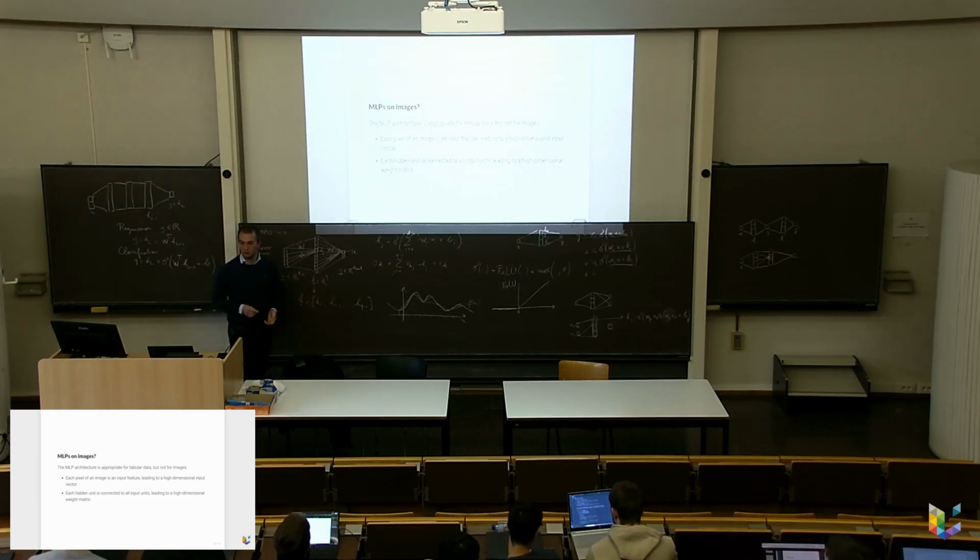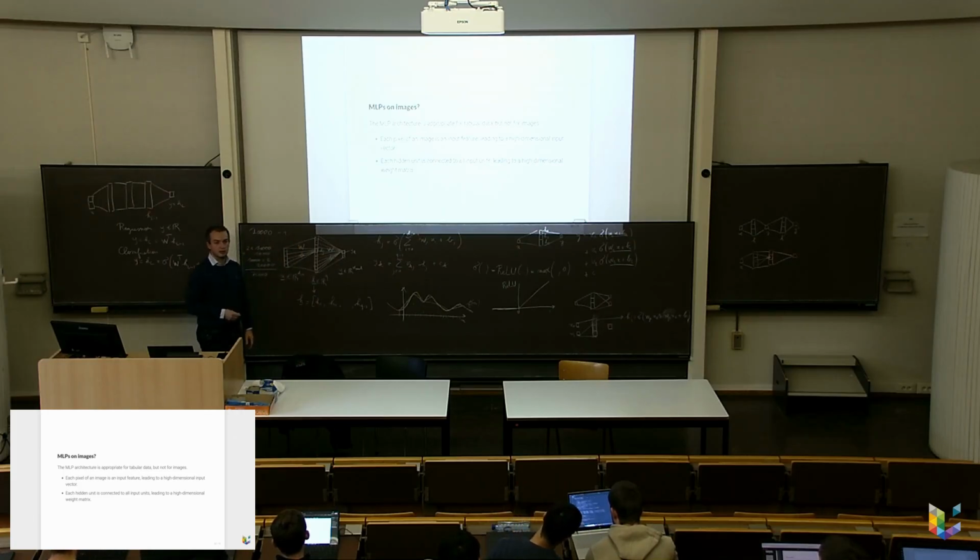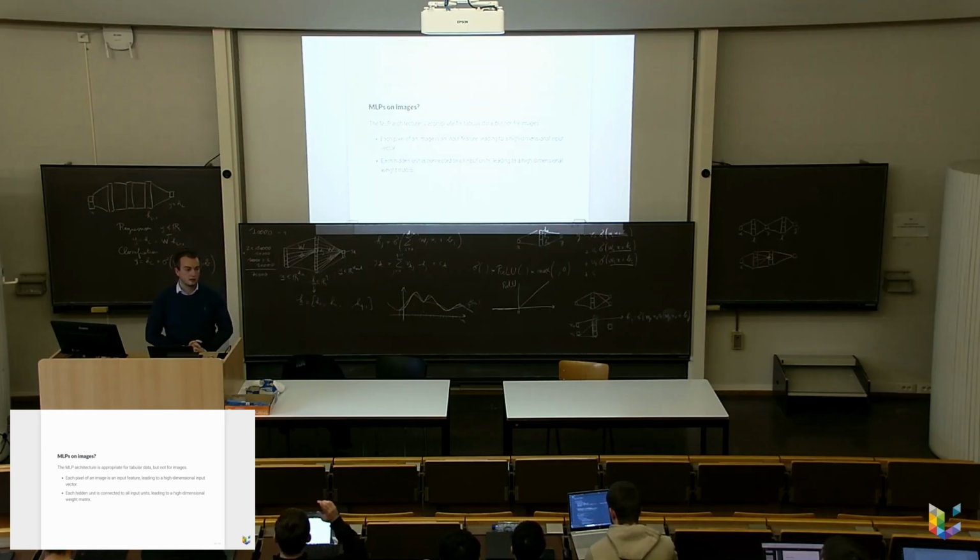What do you think would happen if you feed the image as input and then through a bunch of layers to produce the output? Yeah, so maybe you need a lot of hidden nodes to have any meaningful outputs. Yeah, so a first issue is the number of parameters.